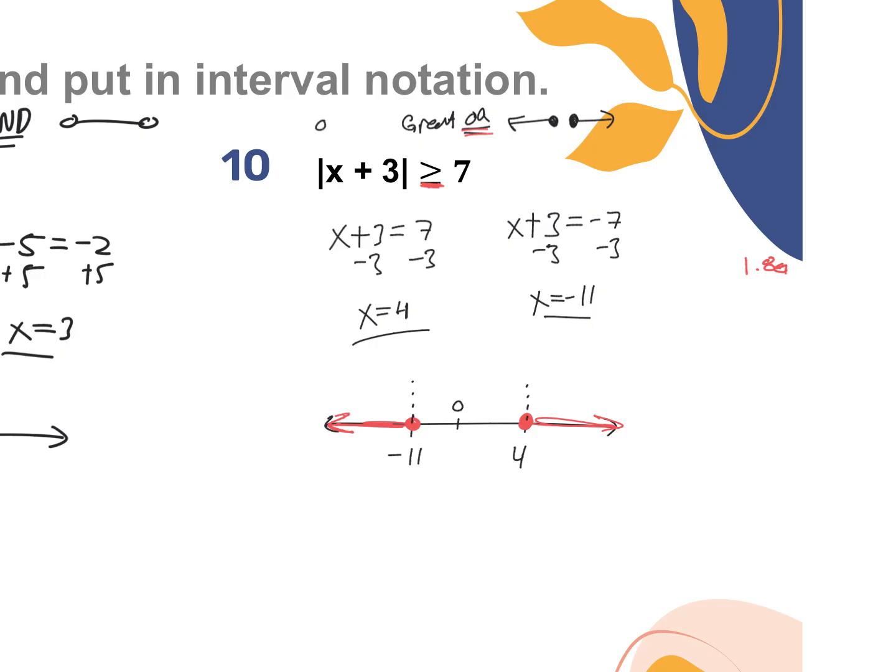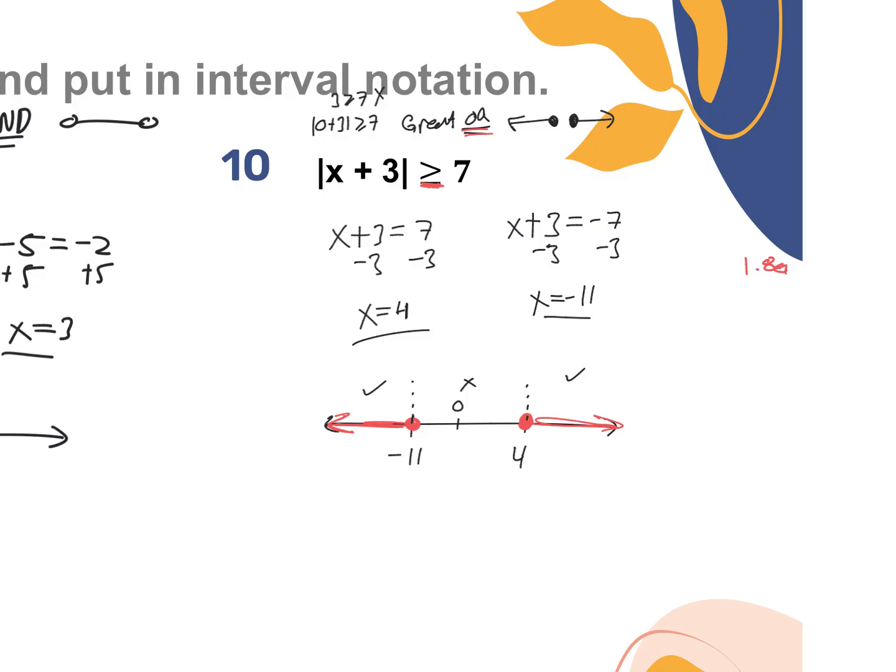The absolute value of 0 plus 3 is greater than or equal to 7, so I get 3 is greater than or equal to 7, which doesn't work. So I know my middle section's not going to work, but my outer two sections will. It's the same exact idea as we were doing with quadratic inequalities. If you remember that and it makes sense to you, then feel free to do it that way.